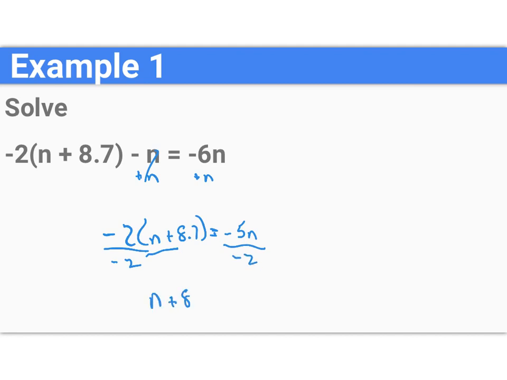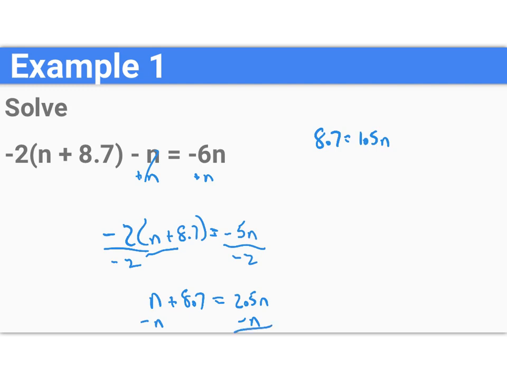N plus 8.7 will equal negative divided by negative is a positive, and 5 divided by 2 is 2.5n. Now all I have to do is subtract n from both sides. And I see that I have 8.7 equals 1.5n.